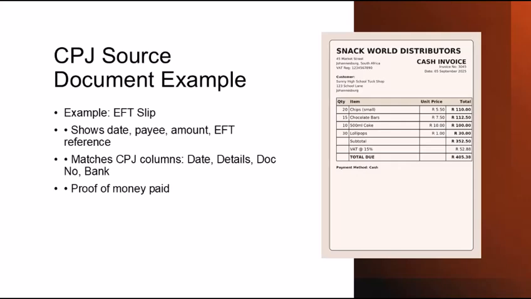This structure makes it easy to track expenses. This is a cash invoice, a source document for the cash payments journal. It shows the date of payment, the name of the person or company paid, the amount, and a reference number. Each of these links directly to the cash payments journal columns: the date, the details, the document number, and the bank column.